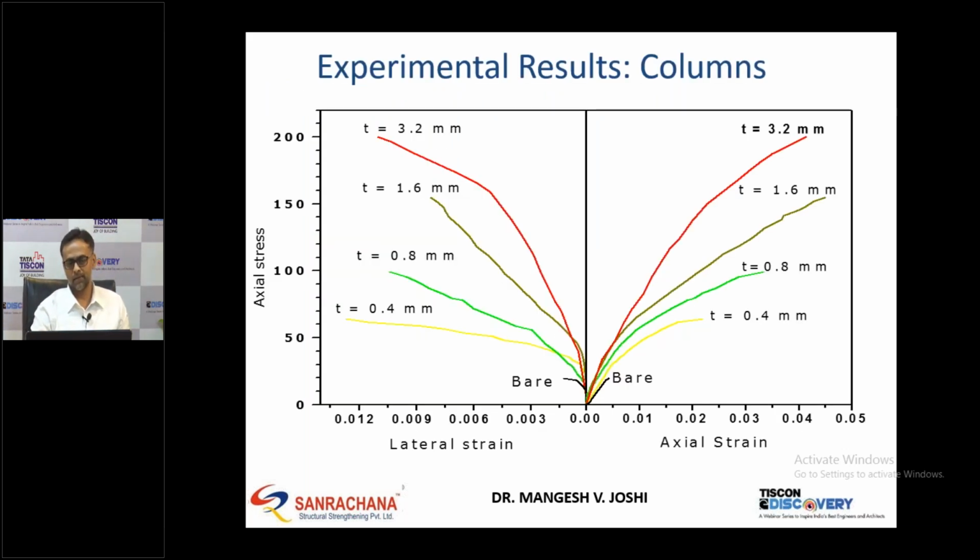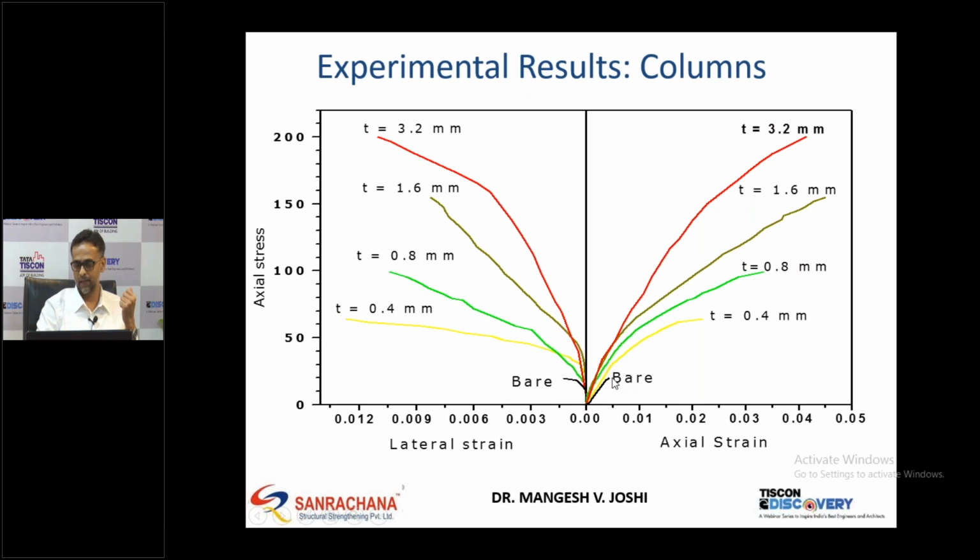Then its behavior: on the x-axis there is axial strain, on the y-axis there is axial stress. This is bare concrete. I am wrapping with a single layer of this glass fiber, and you can see bare concrete strength was around M25, and with a single wrap its strength goes to around M70. As I am increasing the number of wraps, my strength is going up.